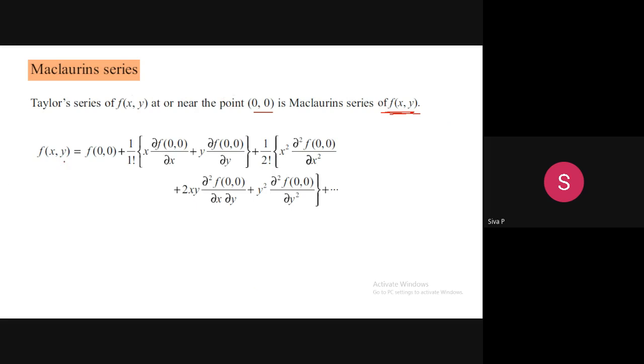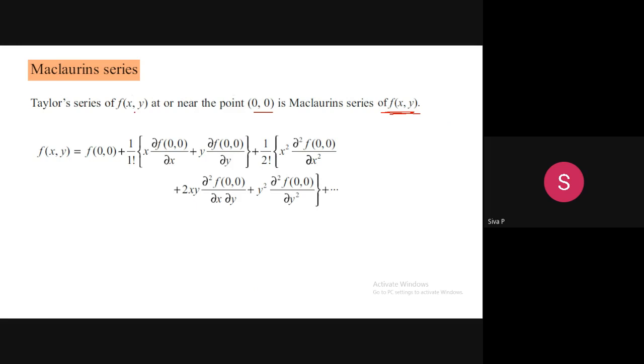f of x comma y equals f of 0 comma 0 plus 1 by 1 factorial times x into. So x minus a was there, in the powers of x minus a, y minus b. If you substitute a and b equal to 0, then what happened? Here instead of x minus a, x will be there. Instead of y minus b, y will be there.